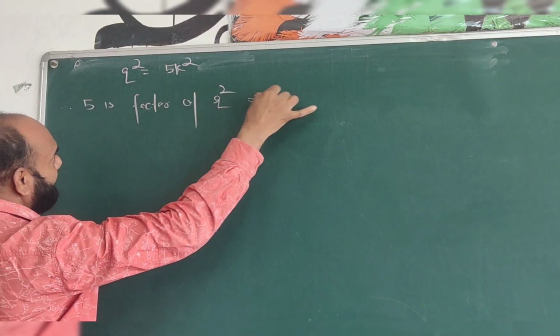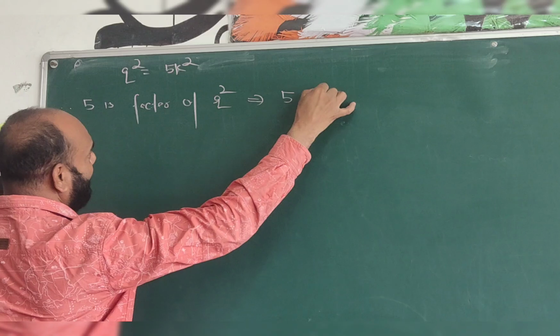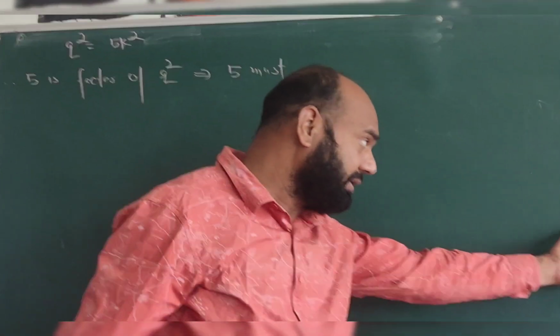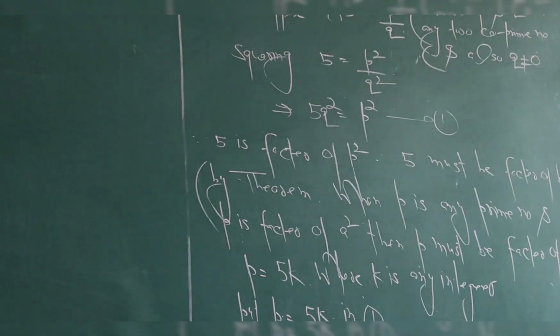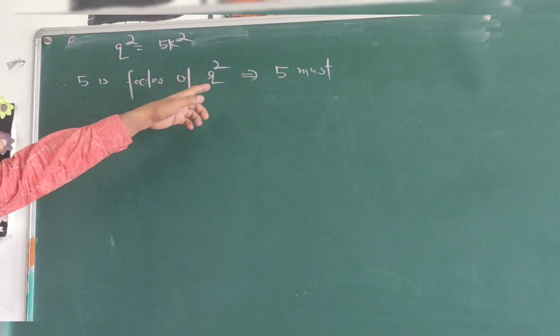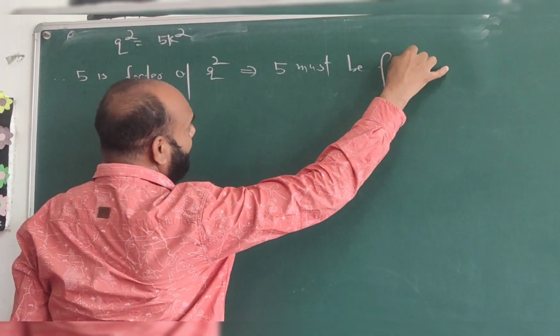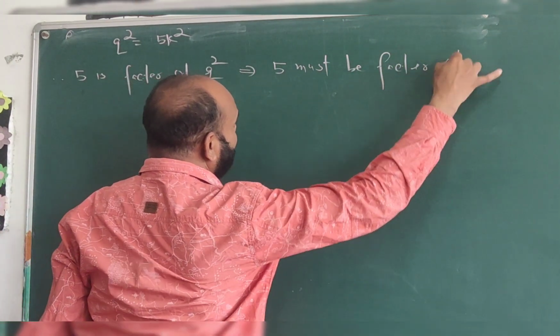This implies 5 must be a factor of q, because according to this theorem 5 is a prime number. Therefore when 5 is a factor of q square, then 5 must be a factor of q.